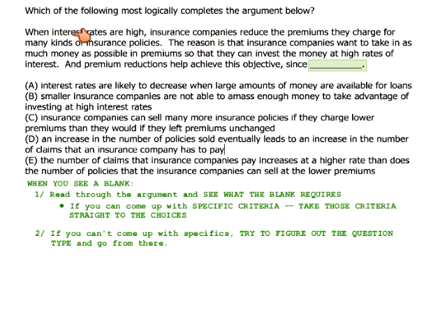So this passage, basically, when you have high interest rates, insurance companies lower the price of insurance because they want to make more money. As we read this, it should strike you as something a bit weird, because they're lowering the price of insurance.